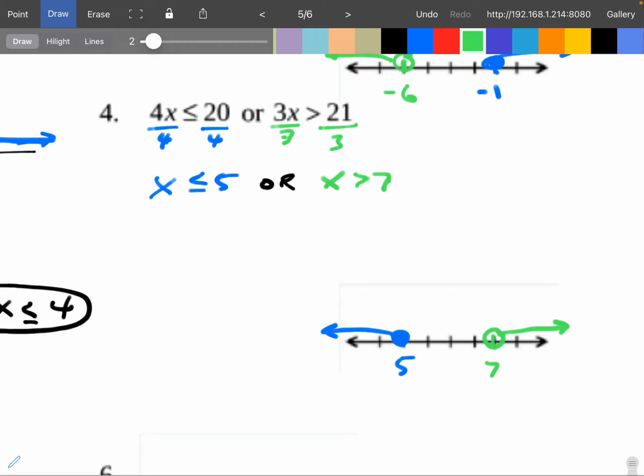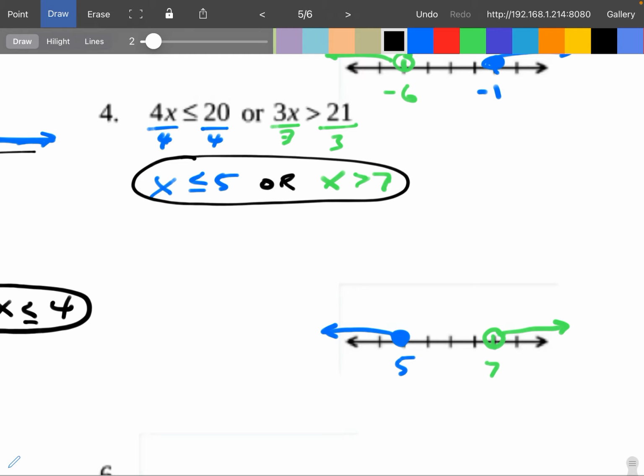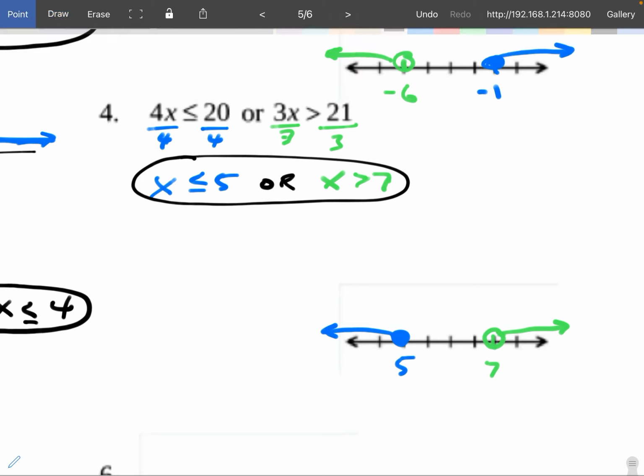And then the green one, open or closed? Open, shaded to the right. All right, so we got an open circle at 7, shaded to the right. And that's it, we're done. Because the solution again is this thing right here. And then the graph, of course, which means the same thing, is right here.